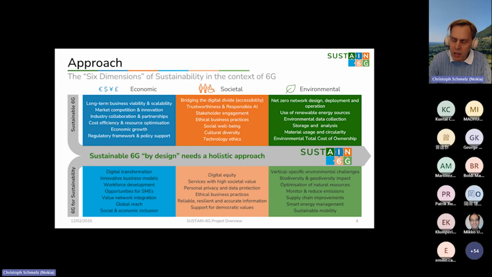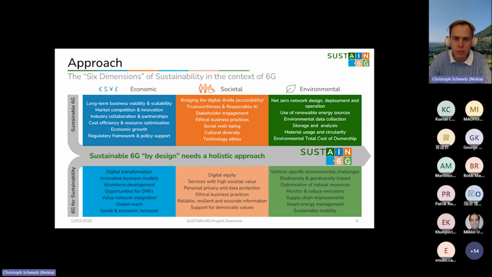Most of you working on solutions that drive sustainability will particularly look into the environmental part, when it comes to energy savings or energy efficiency or net-zero networks. But sustainability is much more than that.